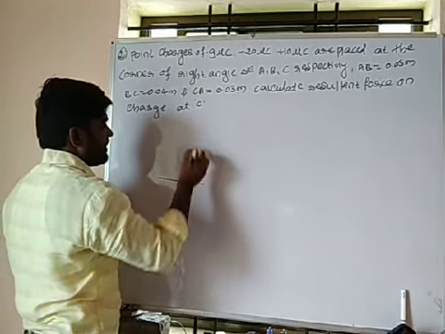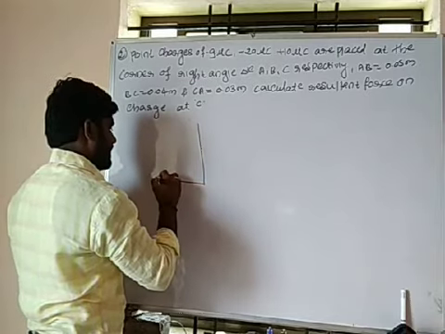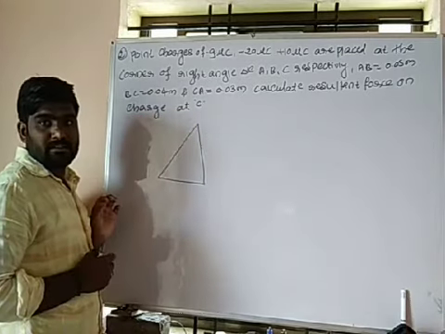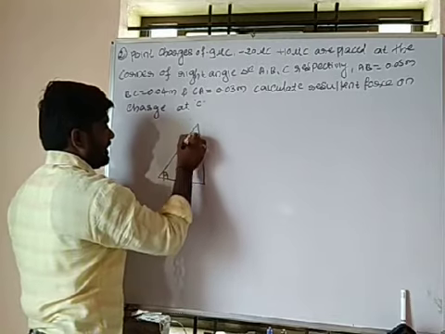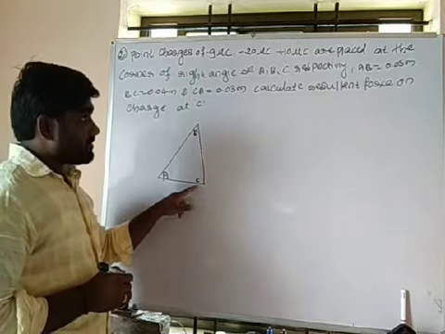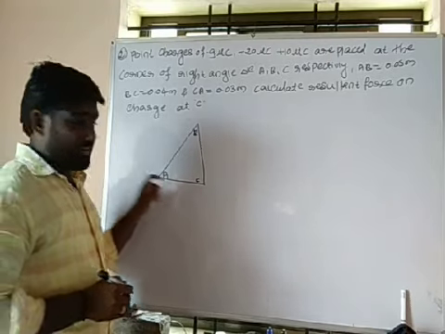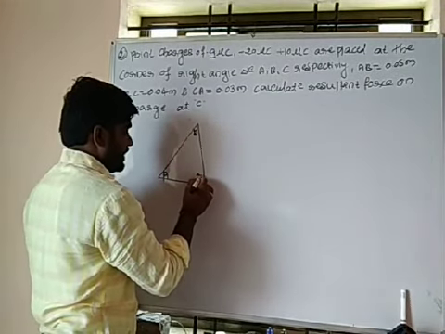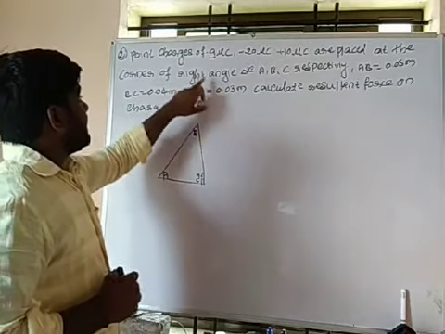I am drawing a right angle triangle like this. A, B, C is a triangle. Right angle triangle means it must be 90 degree. Here it is 90 degree.